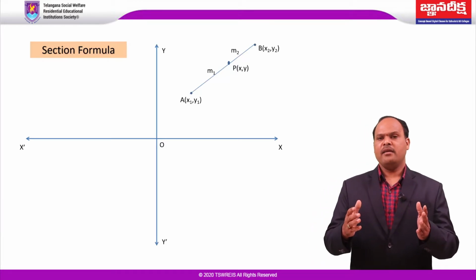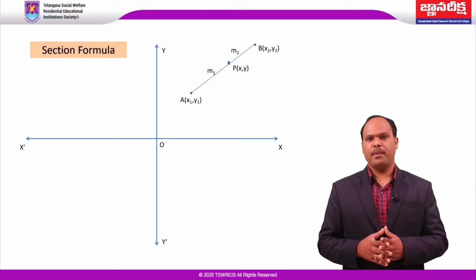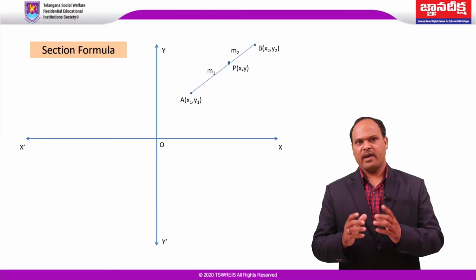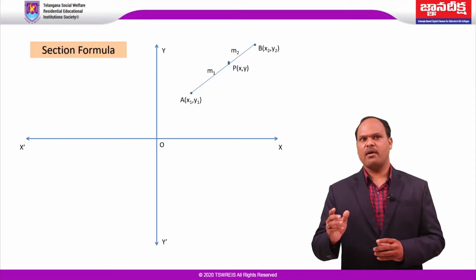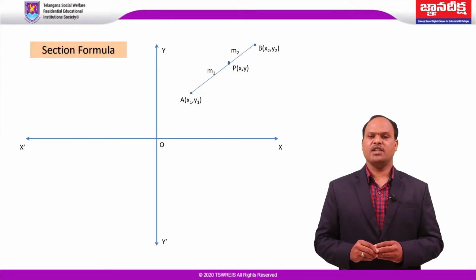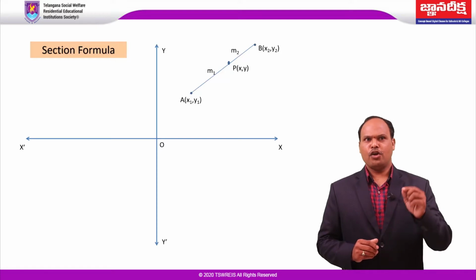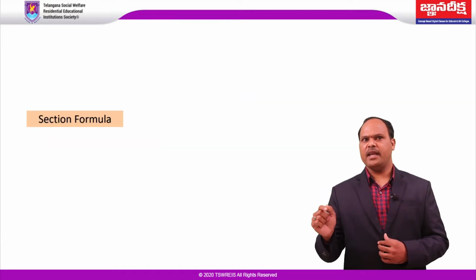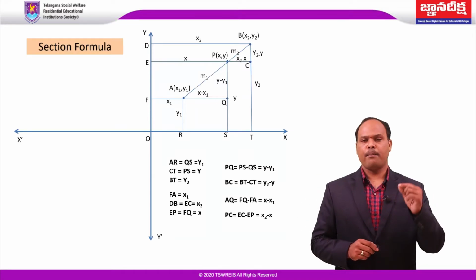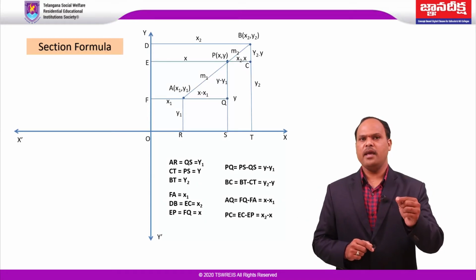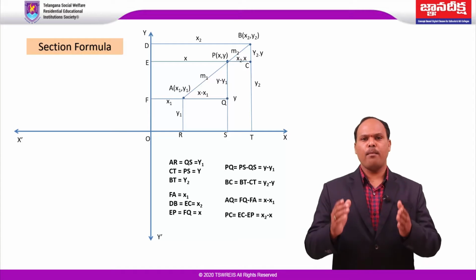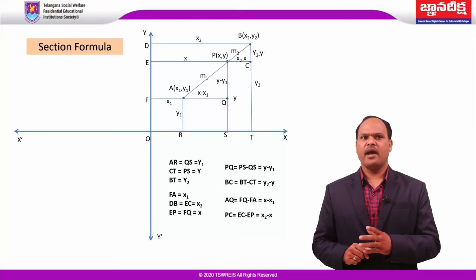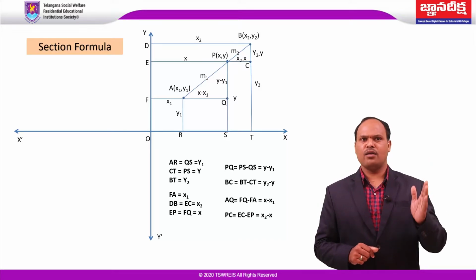To find the coordinates of point P, we have taken A (x1, y1) and B (x2, y2). First, draw perpendiculars AR, PS and BD onto the x-axis. From point A, from point P, from point B, we should draw perpendiculars onto the x-axis, and from the same points we should draw perpendiculars onto the y-axis.